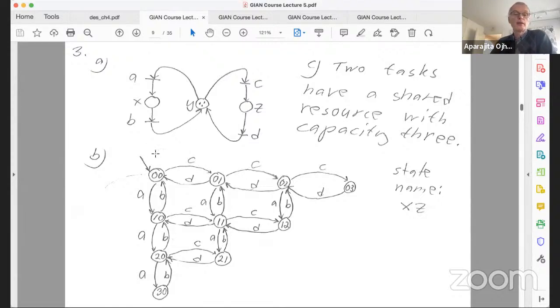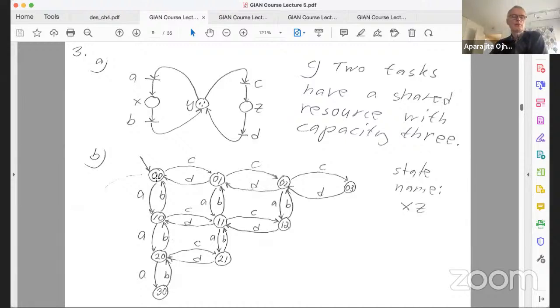So for instance, when A is happening, you add one element to X, and the states here are the values of X and Z. So in this case, with an A event, X is increased to 1, while Z is the same, 0 as before.